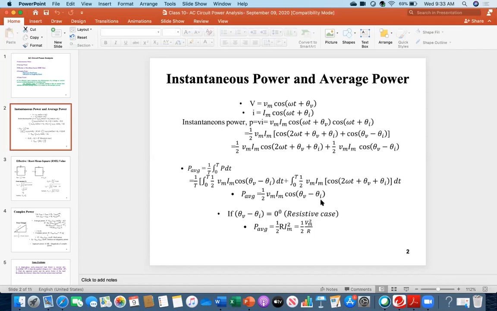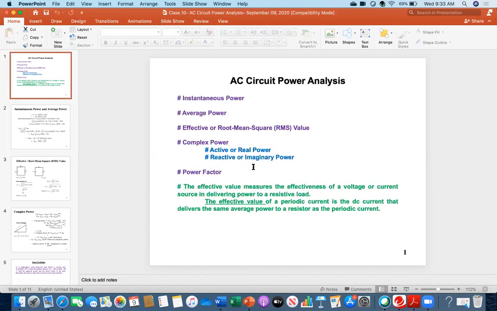But today, the new thing I am telling you is that the average power across an inductor and capacitor is 0. So then what is their meaning in an AC circuit? Therefore, I have introduced one term. Everybody see, I am coming gradually. For complex power, there are two powers: active or real power, and reactive or imaginary power. This reactive or imaginary power is related to the inductor or capacitor.